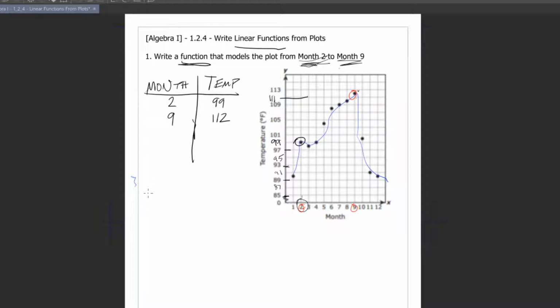Okay. Now, the second thing we got to know for this problem is the standard linear equation format, which is y equals mx plus b. So how do we solve for all of these, right? We have our y values here, and we have our x values here. And we have 2 points on this plot.